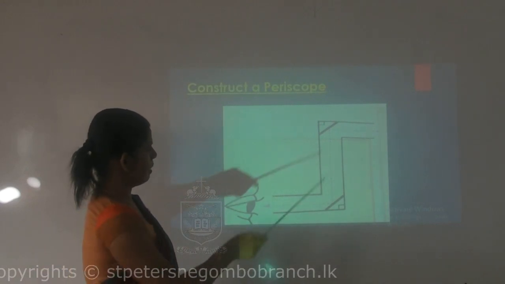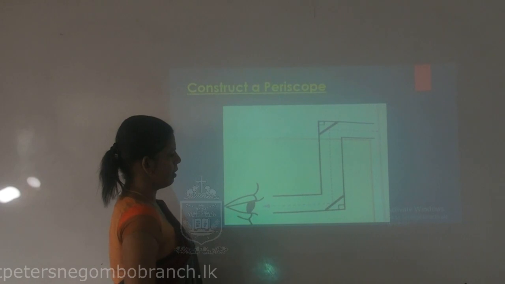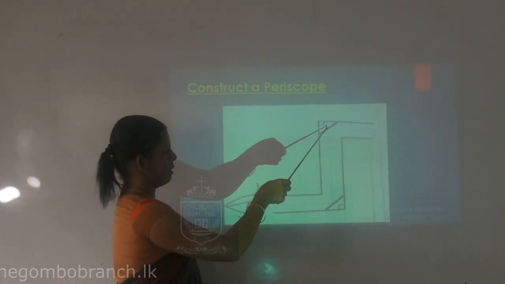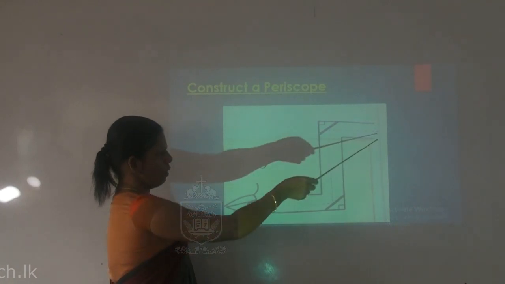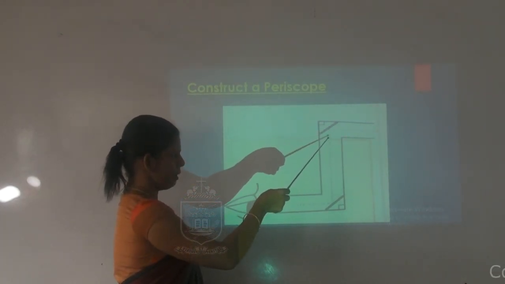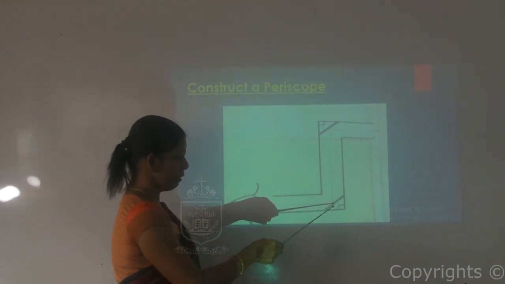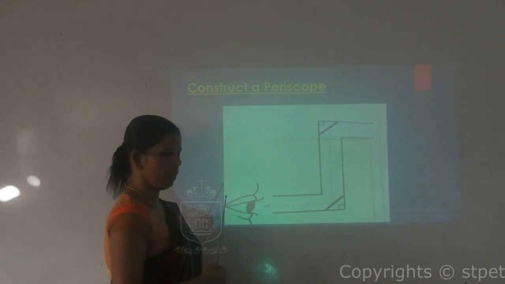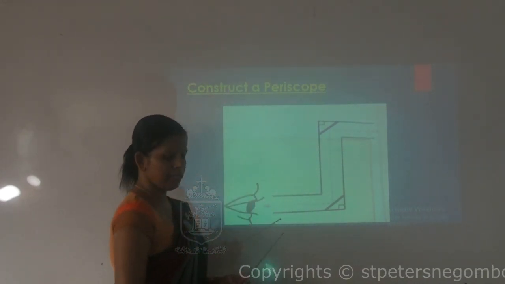You can see the diagram. These are the 2 plane mirrors. This is the way the light rays come towards the eye. The light rays come and reflect from this plane mirror, and go towards the next plane mirror, and once again reflect and come towards our eye. Then we can see anything at the upper level using the periscope.